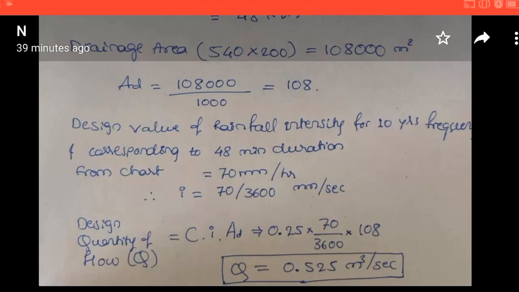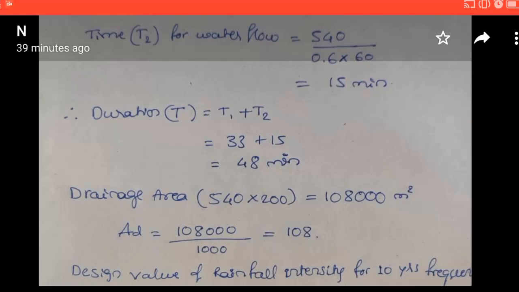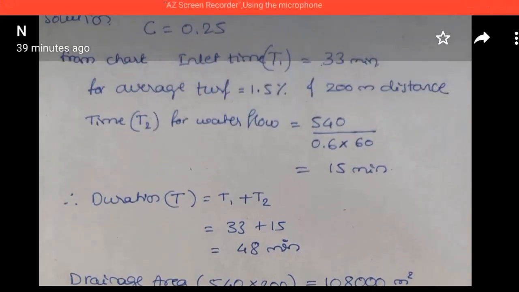So I'll just quickly revise what we have done. C value directly given. We have calculated T1 from the first graph, knowing the value of average turf and 200 meter distance, 33 minutes. Next T2 we have calculated from the length with respect to the velocity of flow, that is 15 minutes.